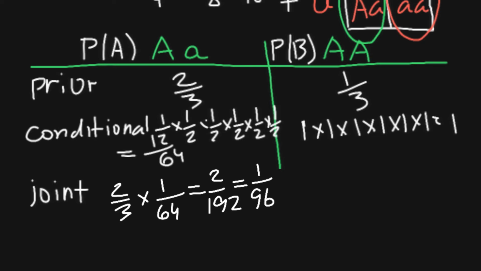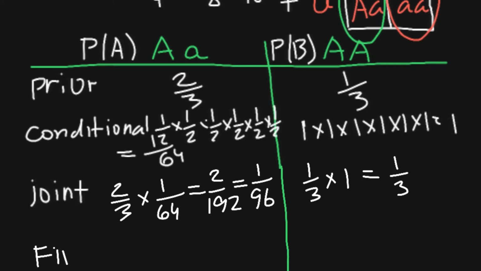And on the right side, joint probability would be 1/3 multiplied by 1, and we are going to get still the same 1/3. Any number multiplied by 1 would be the same number. And now last line that is going to be final, so final or posterior, and basically here is going to be a simple formula, and here is a formula.